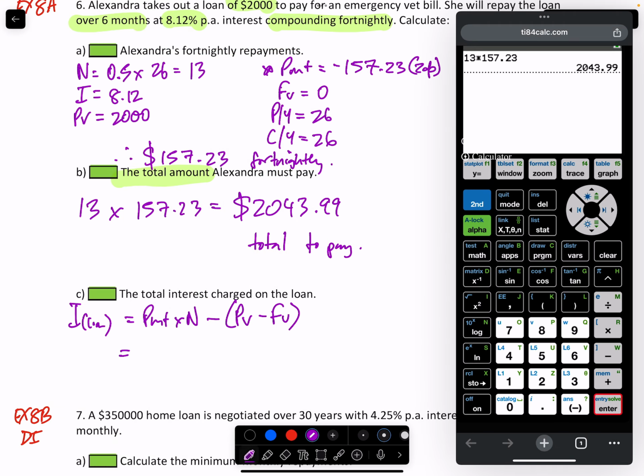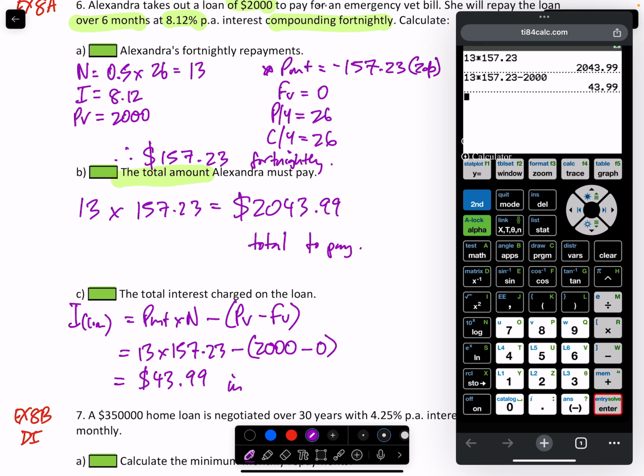But I gave you the formula, so it's better to do that anyway. 13 payments of $157.23 minus $2,000. And she got the FV down to nothing. Take $2,000, equals $43.99 interest charged.